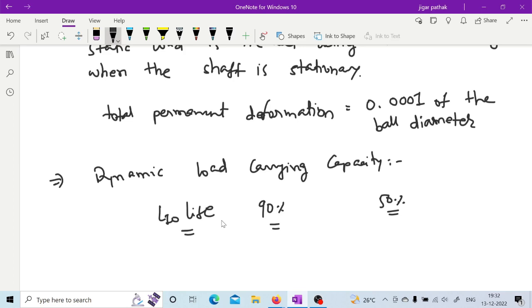So this is how we have the static and dynamic load carrying capacity.